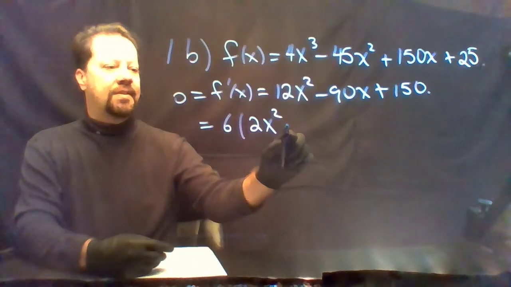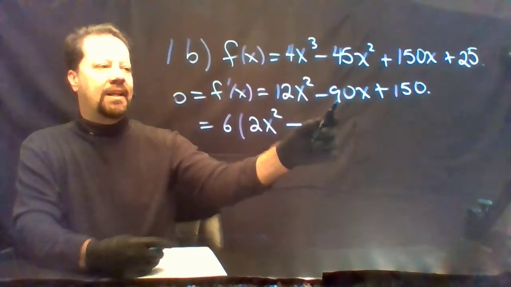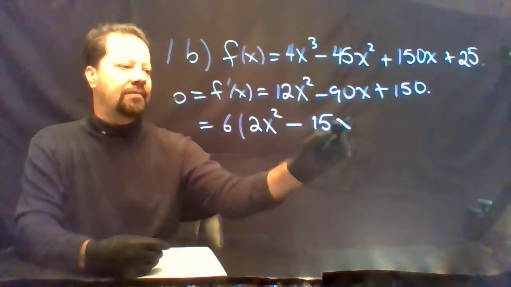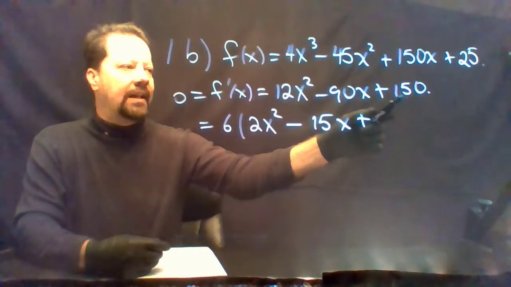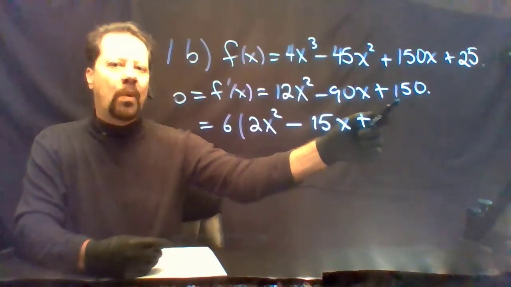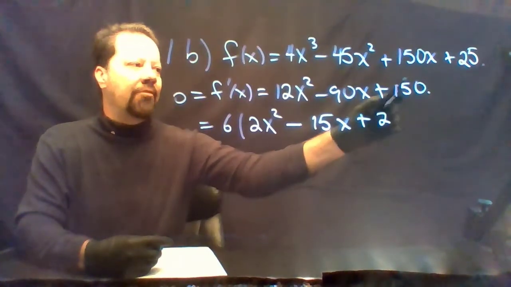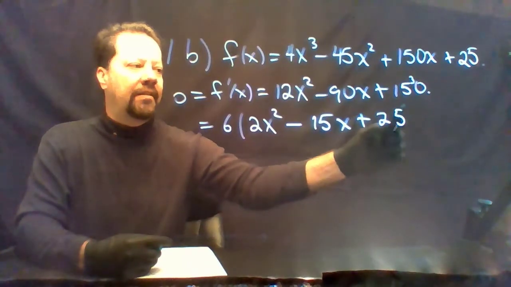We have 6 times the quantity 2x squared. Let's see, we're taking out a 6 from here. That leaves what, 15? And taking out a 6 from 150, 6 goes into 15 twice with a remainder of 3, and 6 goes into 30 5 times.